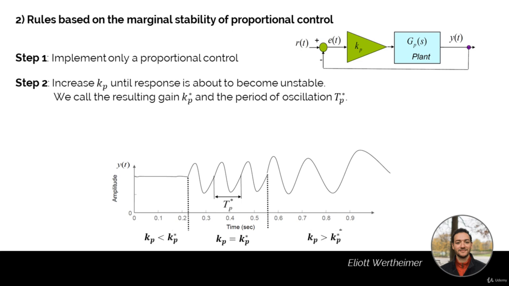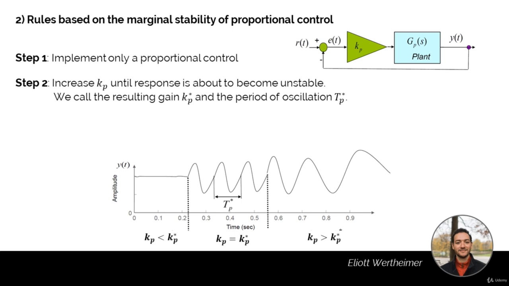This gives us the error E(t) that we feed into a proportional gain Kp. This computes the control signal that we then feed into the plant G_P(s), and eventually it outputs Y(t) again. So this is a very basic proportional control loop.